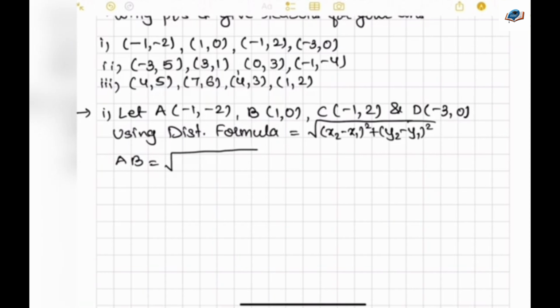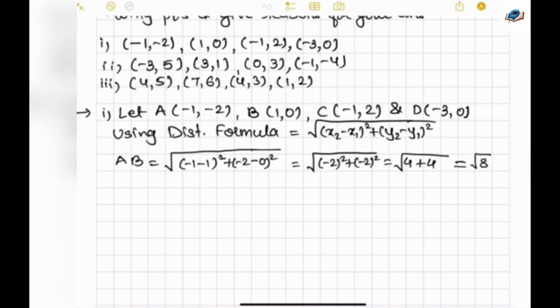Let us find all the distances. So AB will be root of (-1 minus 1) whole square plus (-2 minus 0) whole square. So that will be (-2) whole square plus (-2) whole square. So 4 plus 4, root 8, that is 2 root 2.